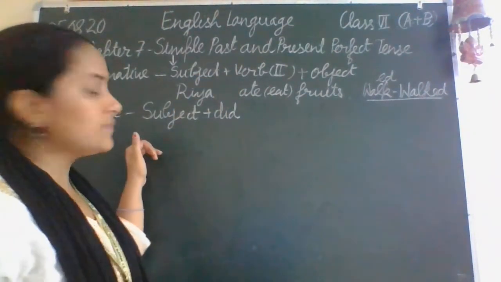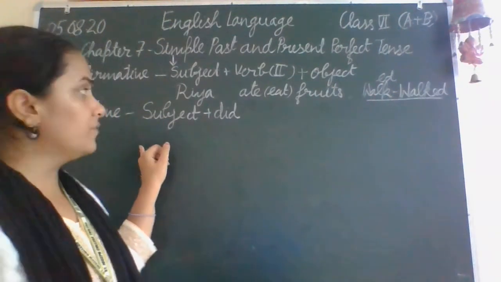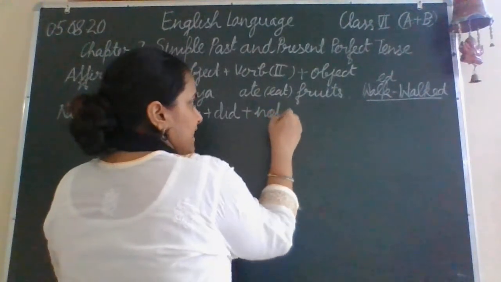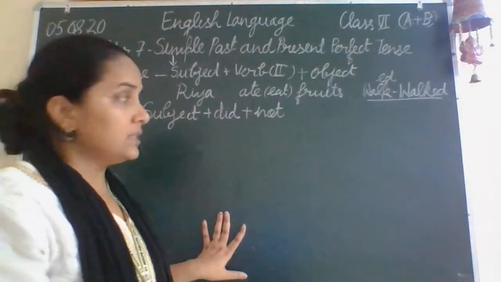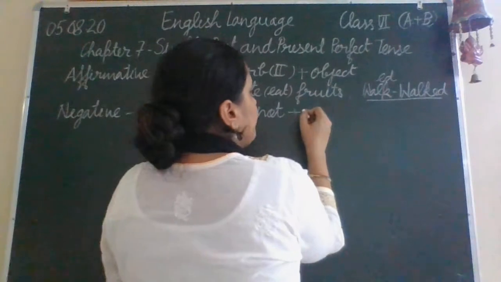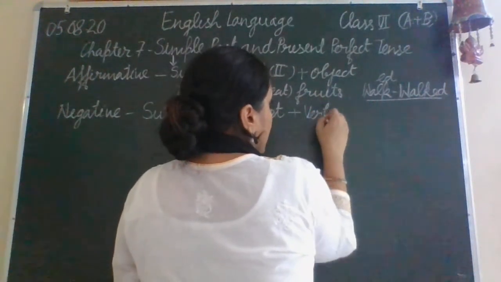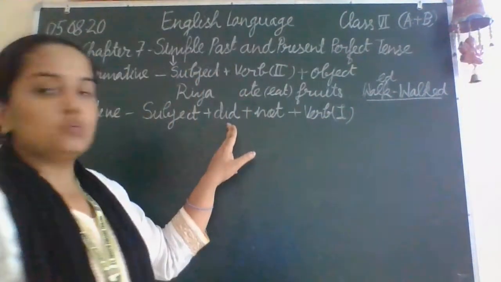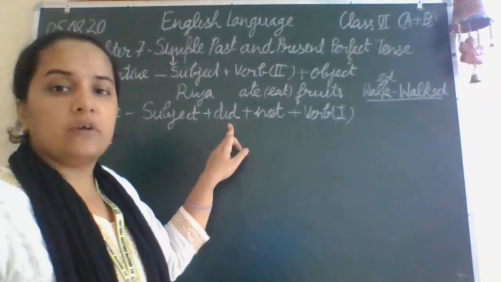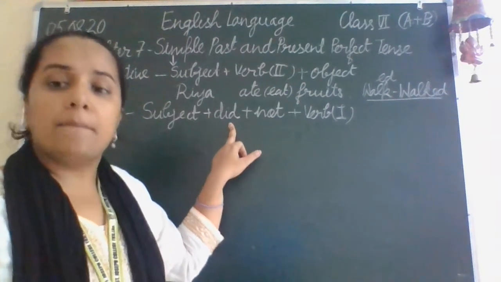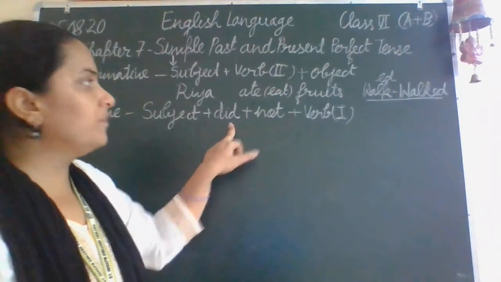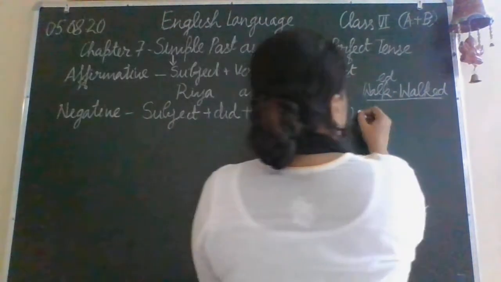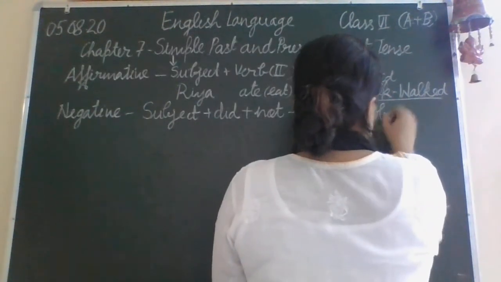But in the negative sentence, we will use the helping verb did plus not, which makes it a negative sentence, plus first form of verb. Why do we use the first form of verb? Because the helping verb did already represents that it is past tense. So we use the first form of the verb plus object.